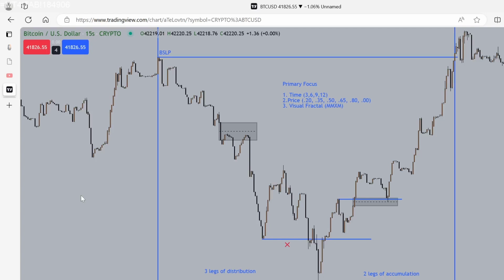We want to be looking for accumulation, distribution, and even manipulation at these price levels. Like we were talking about before, the algorithm doesn't see stop losses or orders. It just does what it does.